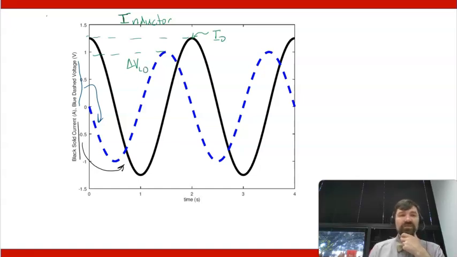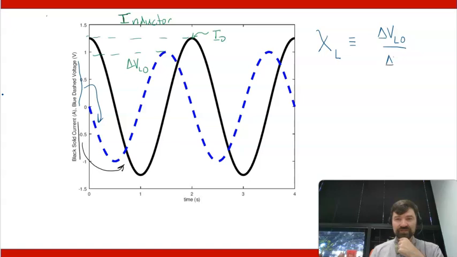And just as we did with the capacitor, we can write that there exists some reactance value which is defined as this ratio. And so it'd be basically like the peak of my voltage curve divided by the peak of my current curve.